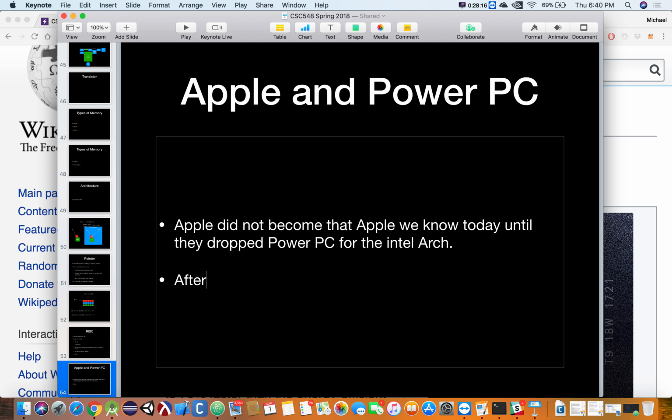this is after they had already just gone through a pretty tough time. So if we kind of roll back a little bit, Apple had OS 9. All right, that was their flagship operating system. And we're going to say OS 9 was buggy and we'll just say crashed a lot, something like that.